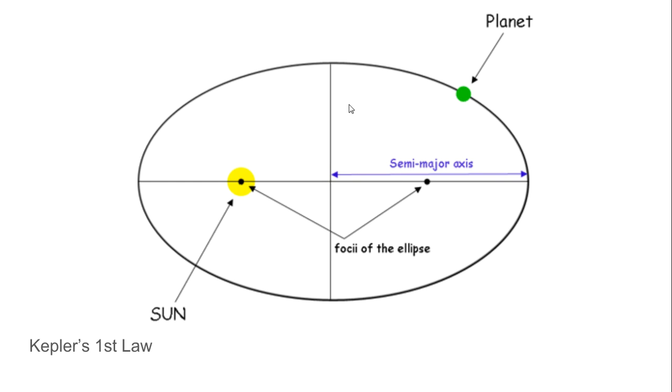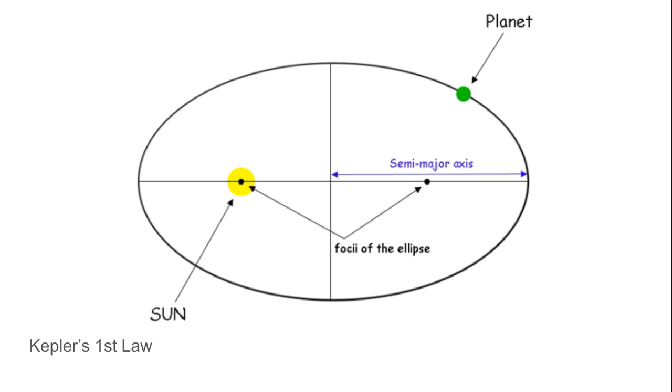So what we call the semi-major axis is the distance we typically use for a planet from its distance from the sun to the outside of its orbit. The semi-major axis, of course, fluctuates, but we usually use an average. So we're looking at the average semi-major axis. So it's a part of the major axis, hence semi-major axis.